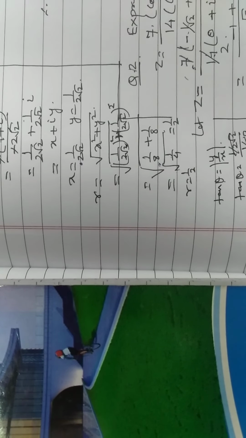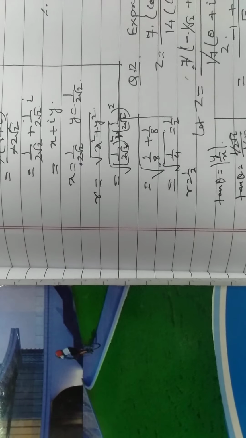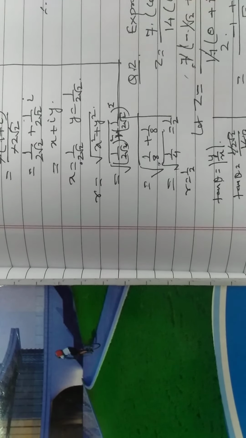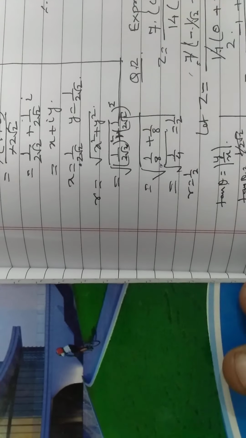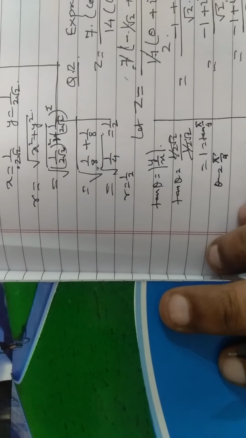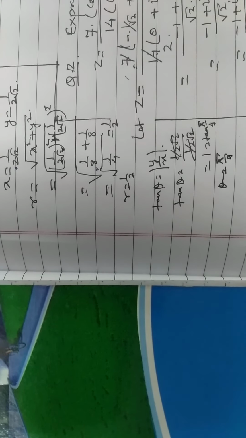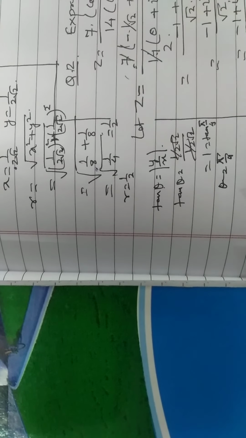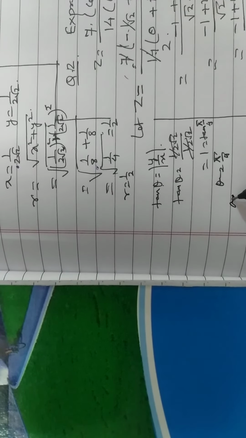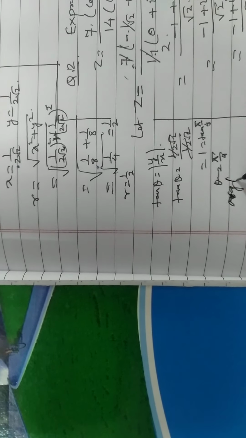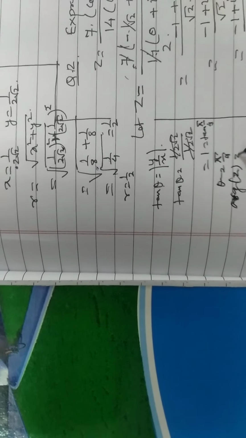So tan 45 degrees means pi by 4. Theta is equal to pi by 4. Now as both parts of this complex number are positive, the argument arg of z is equal to theta.